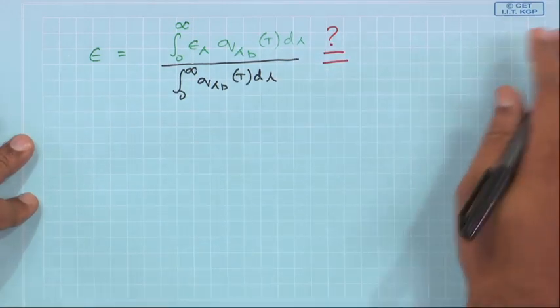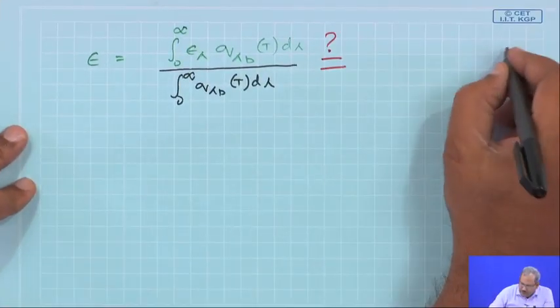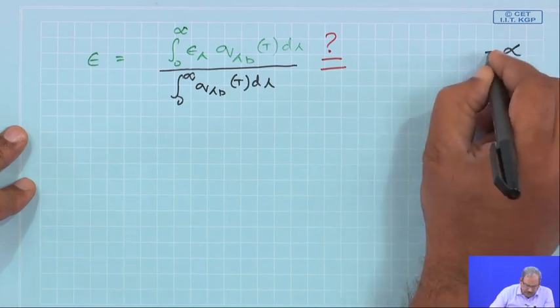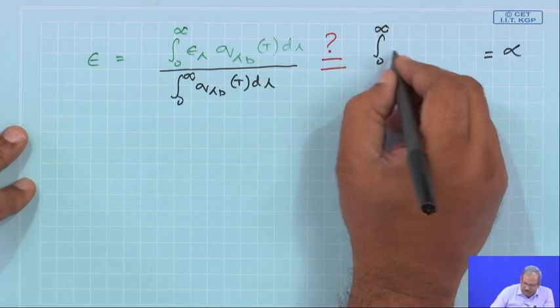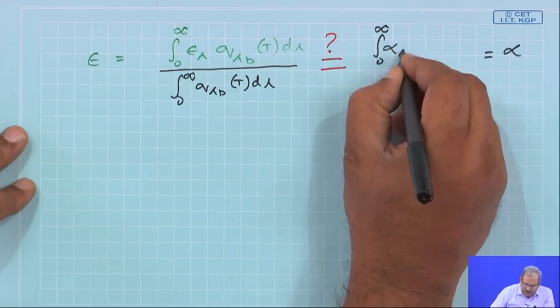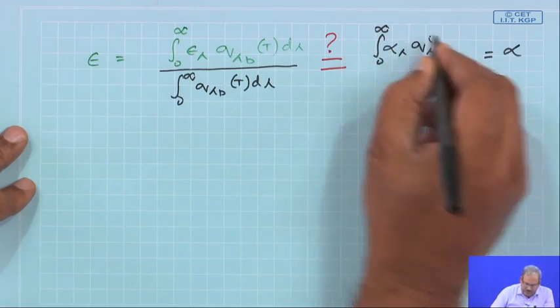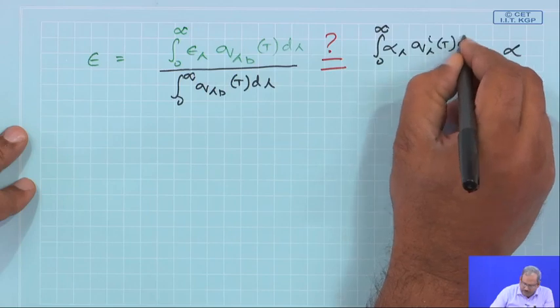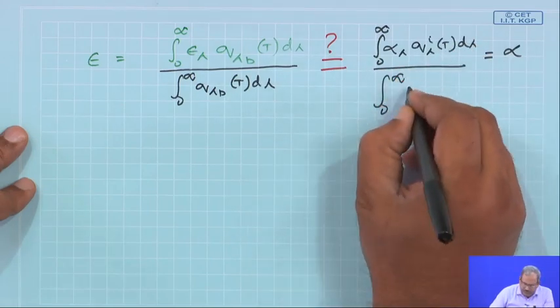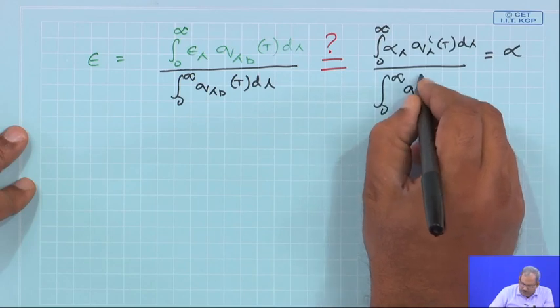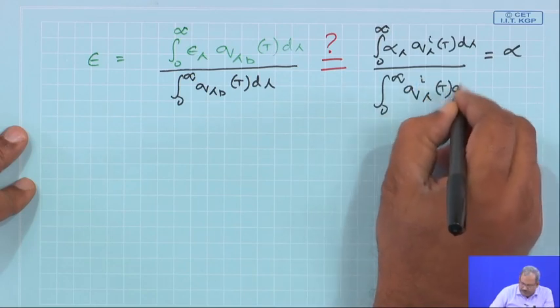On the other side, I have alpha, the absorptivity, which is equal to the integral from 0 to infinity of alpha lambda times the incident radiation q lambda I T d lambda, divided by the integral from 0 to infinity of q lambda I T d lambda.